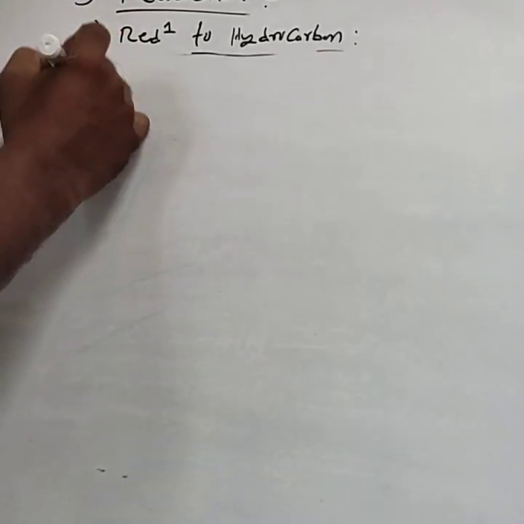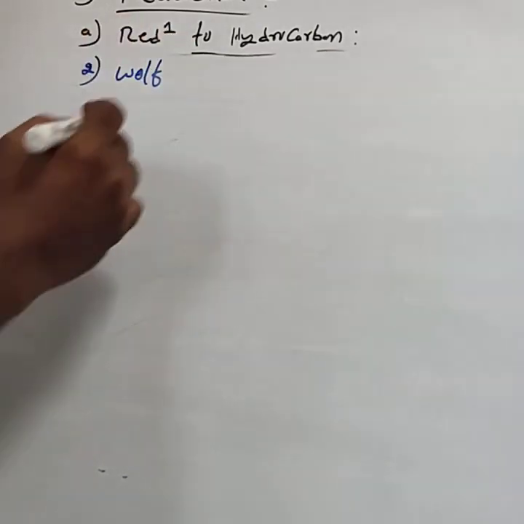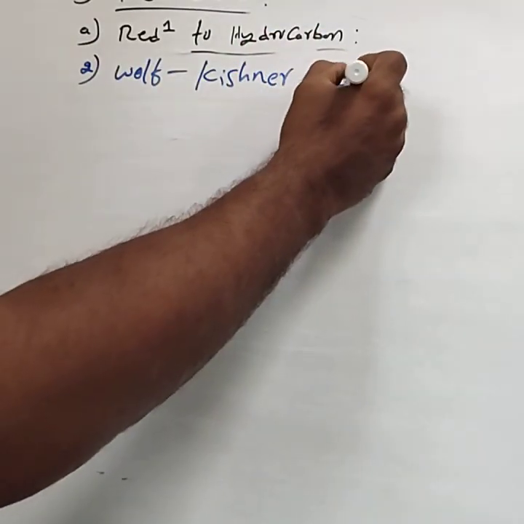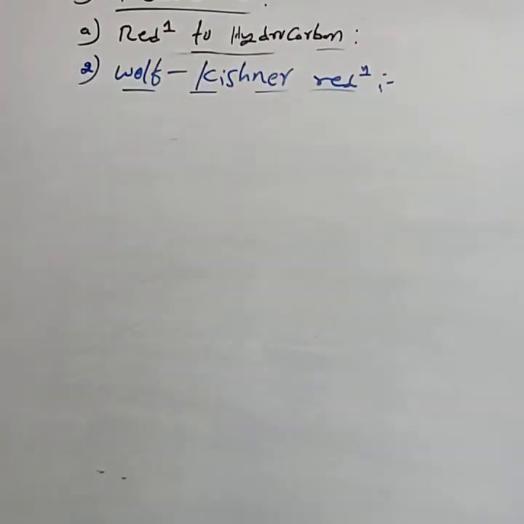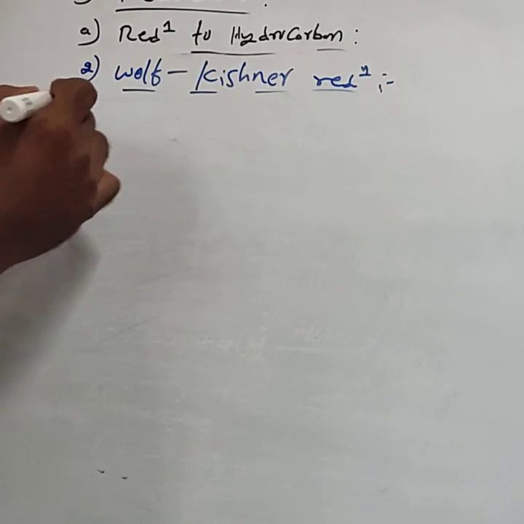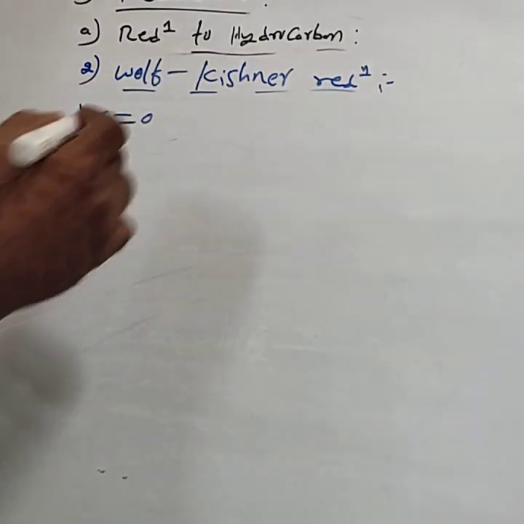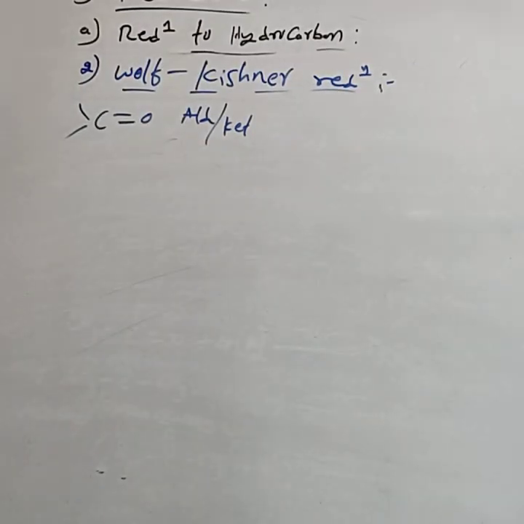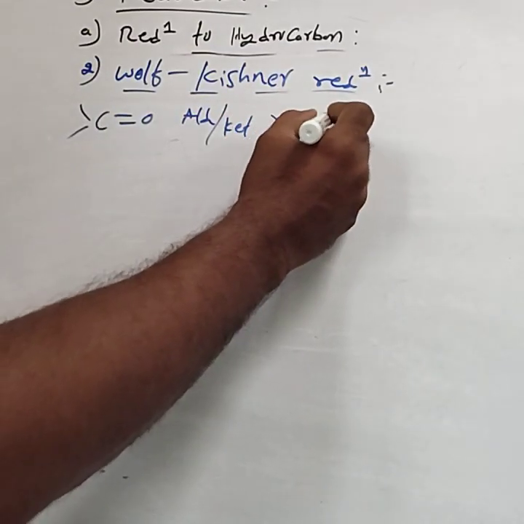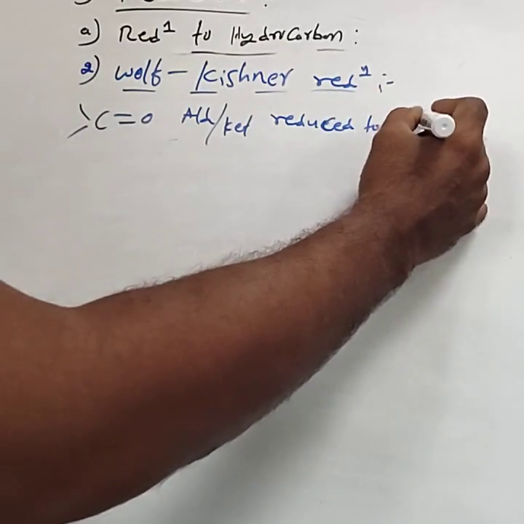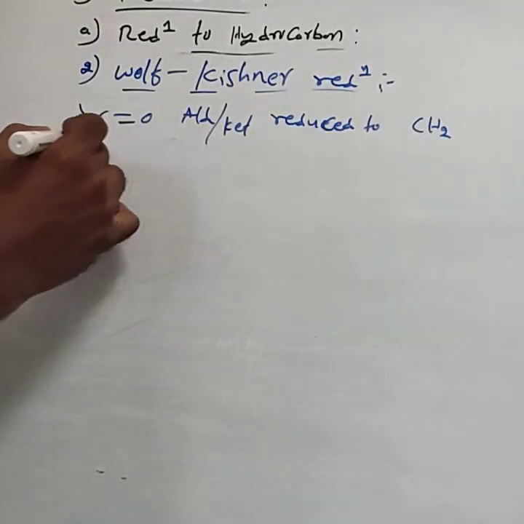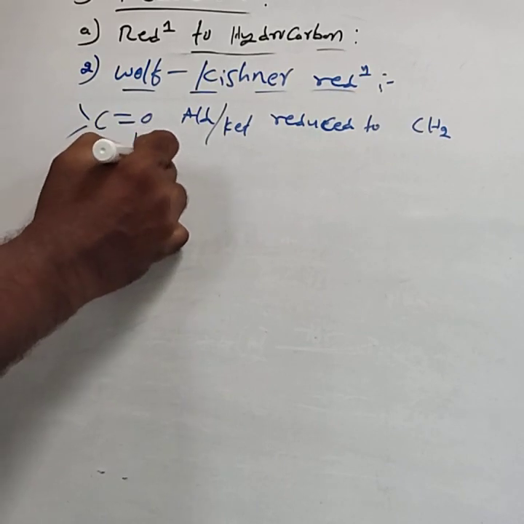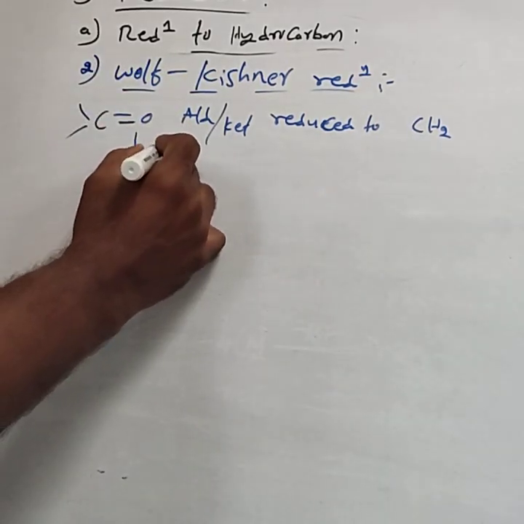The second method is Wolff-Kishner reduction. Wolff-Kishner reduction means the carbonyl group of aldehyde and ketone is again reduced to a CH2 group by treating with hydrazine.